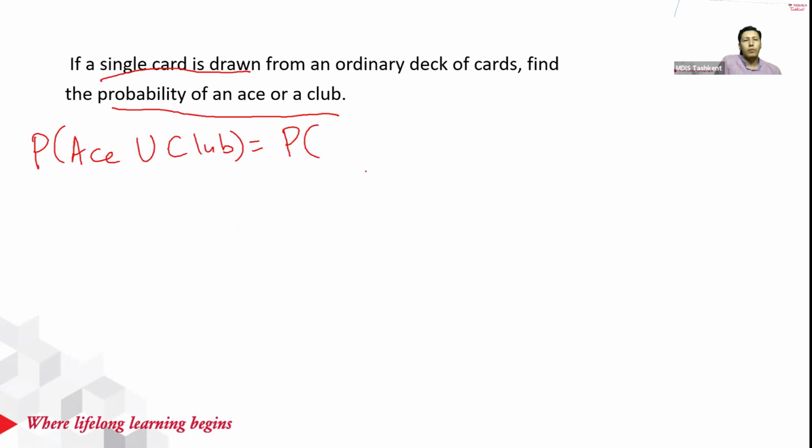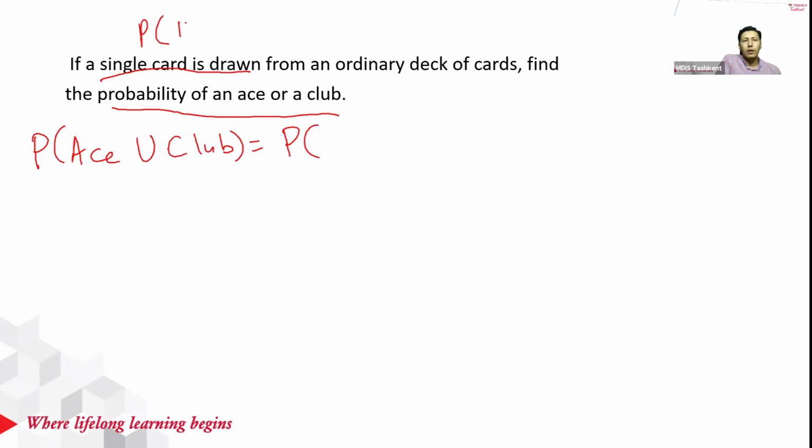If a single card is drawn from an ordinary deck of cards, find the probability of an ace or club. Now we use the union rule here.